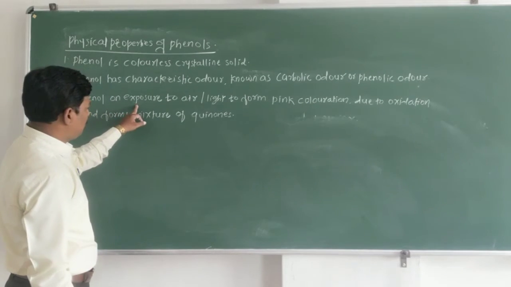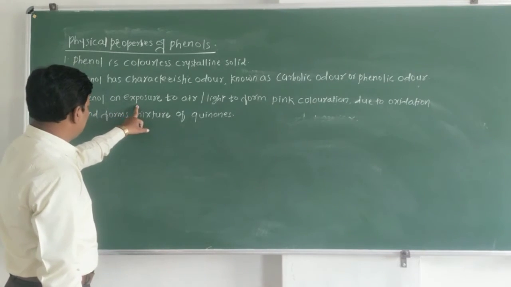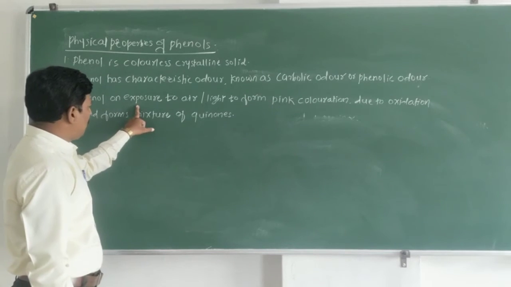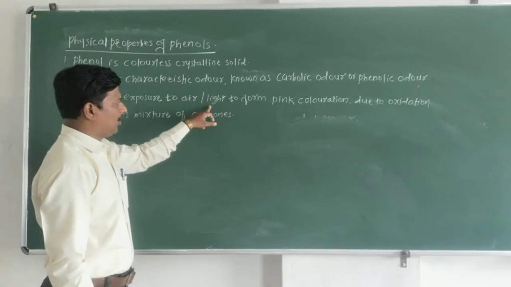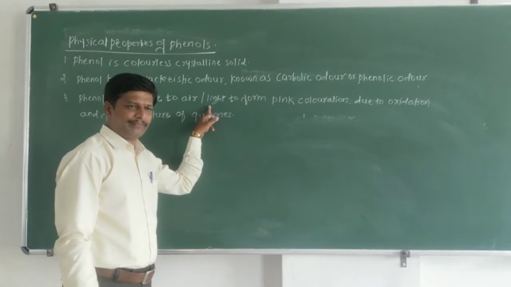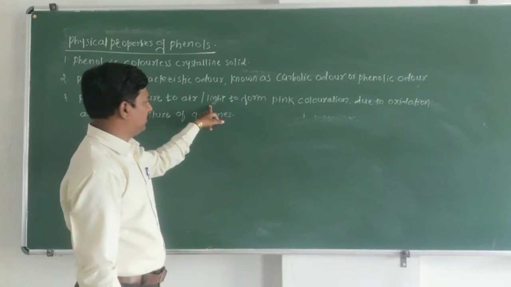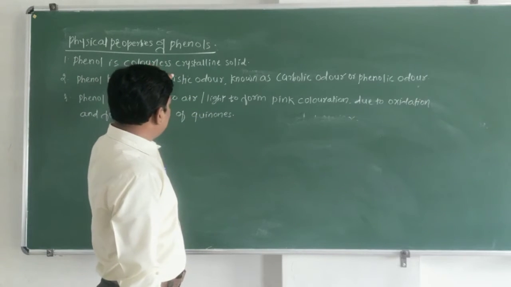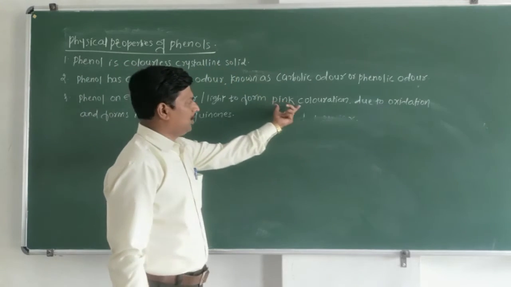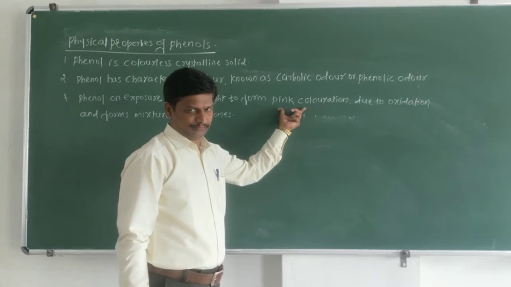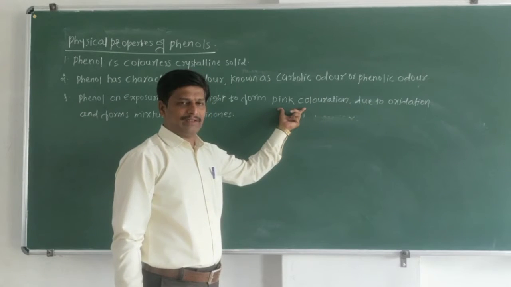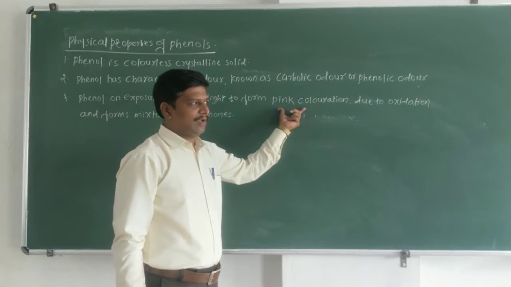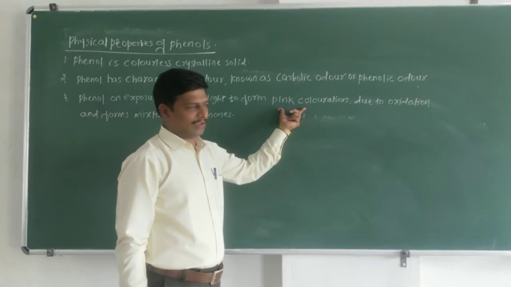In this third property, what I have said is that on exposure to air or light, that is, when phenol comes in contact with air or light, the colorless phenol converts into a pink colored compound. Why does this happen?